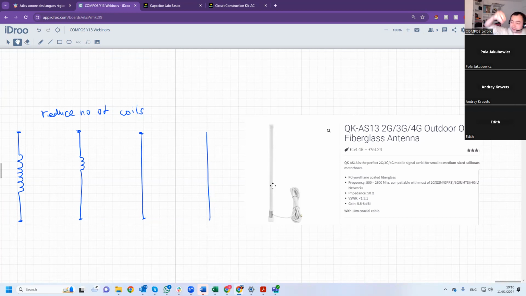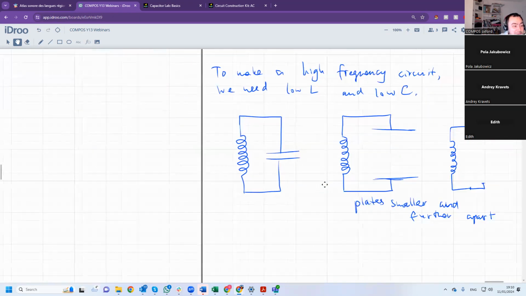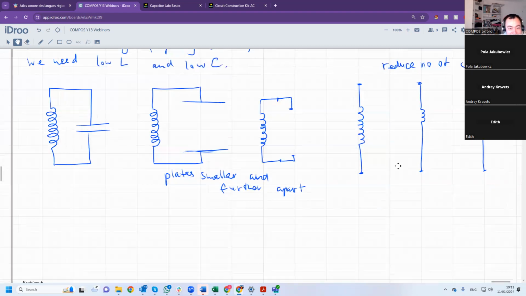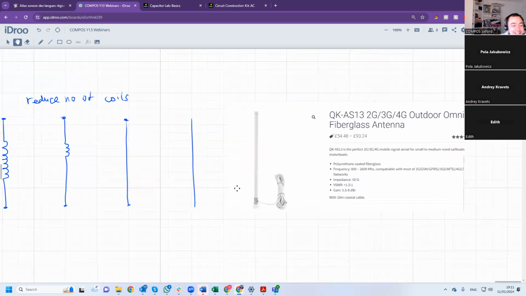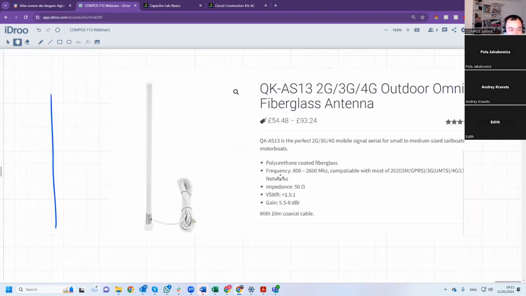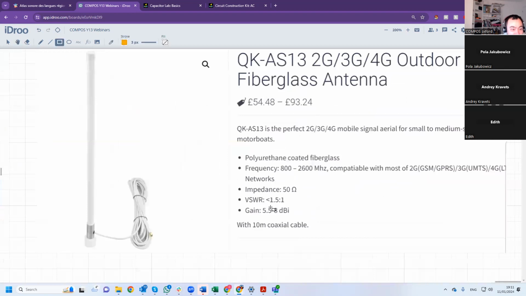And because the ends are very far apart, the capacitance is going to be very small. So we've turned an oscillating circuit with an inductor and a capacitor into an antenna. This is a really high frequency: 800 to 2600 megahertz. That's a lot.